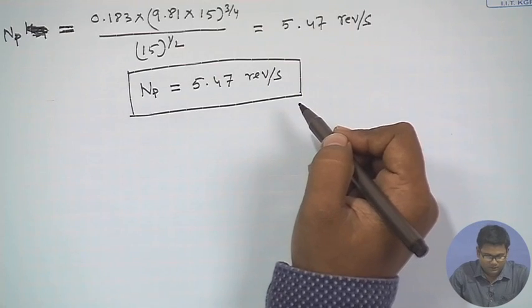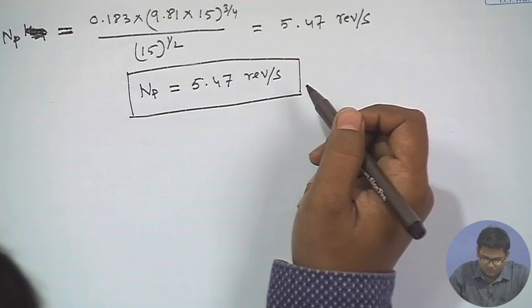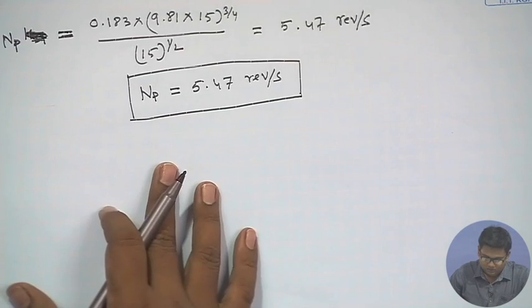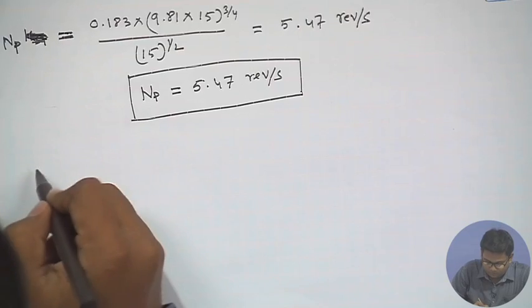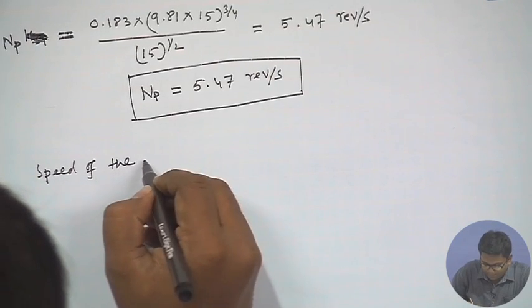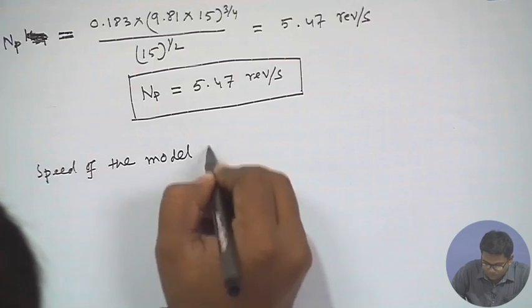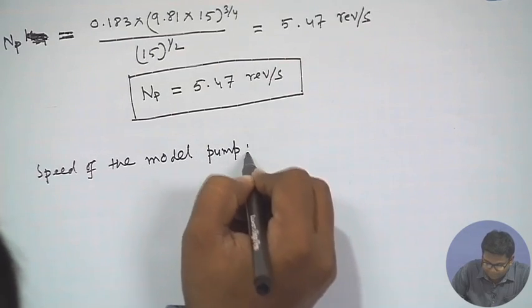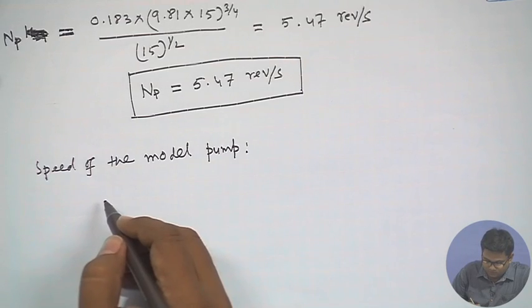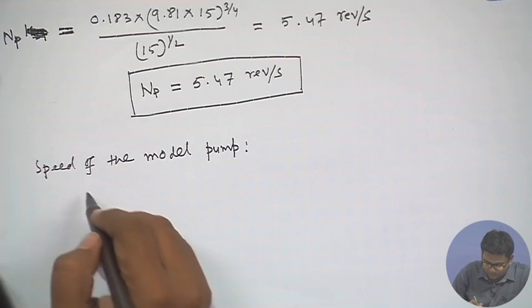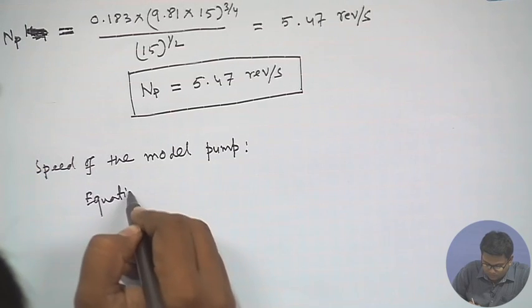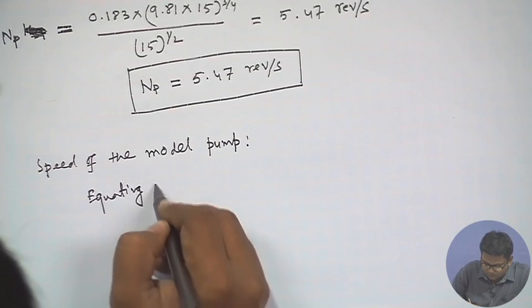Now we will determine the second quantity of interest, which is the speed of the model pump. To determine this we will use the principle of similarity by equating the Reynolds number.